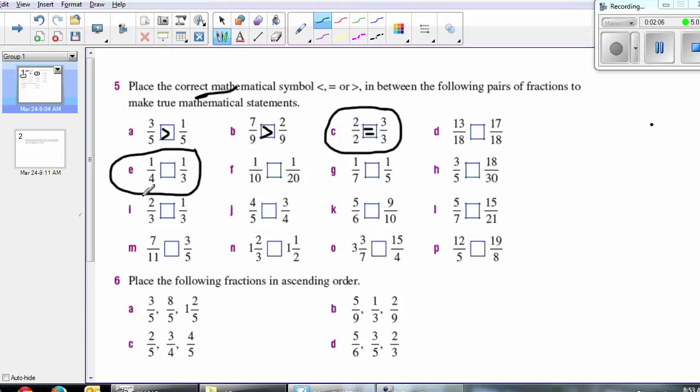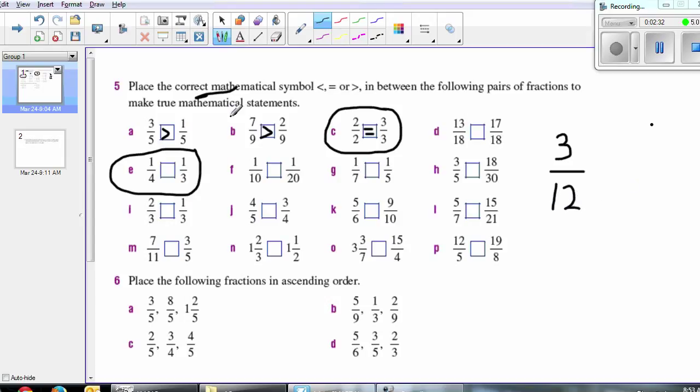We need to find a common one, and we need the lowest common one, because that will make it far easier for us. So 4, 8, 12, and 3, 6, 9, 12. So 12 is a common denominator for 4 and 3. Now I need to multiply 4 by 3 to get there. So my fraction, if I multiplied it by 3, would look like 3 over 12.